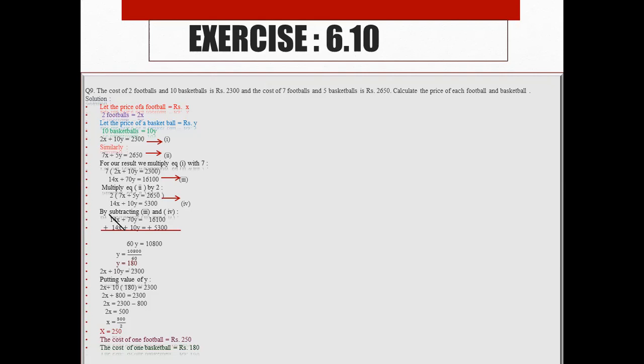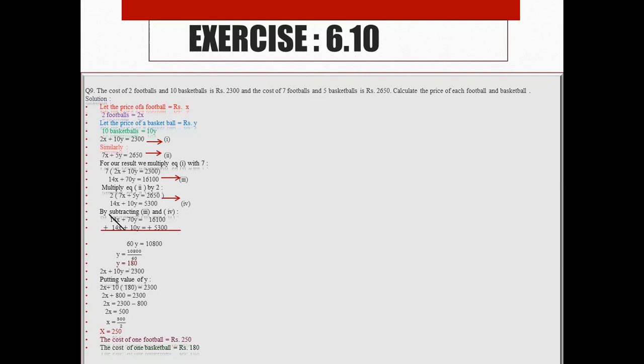Again, we cross multiply. Every term of equation 1 will be multiplied by 7 and equation 2 by 2. Equation 1 is 2x plus 10y is equal to 2300, and equation 2 is 7x plus 5y is equal to 2650.